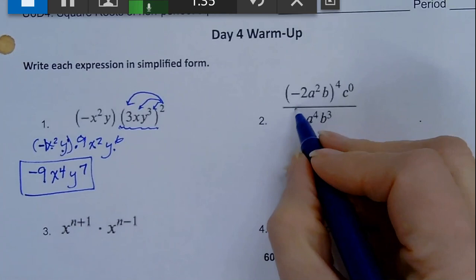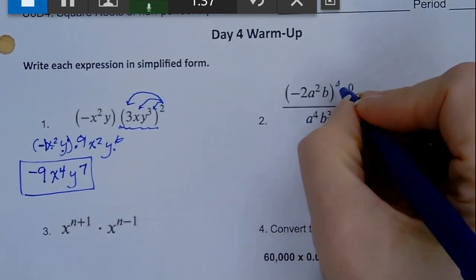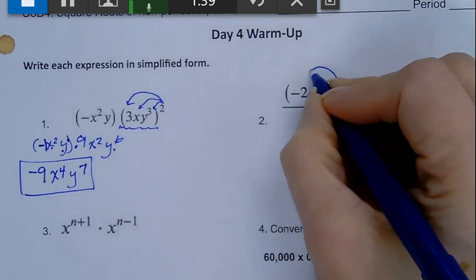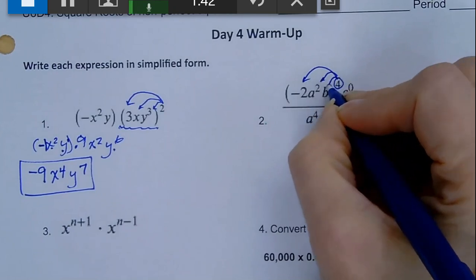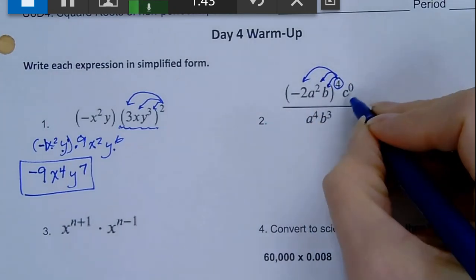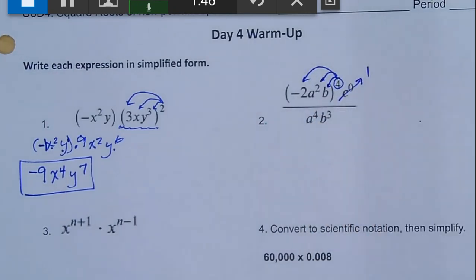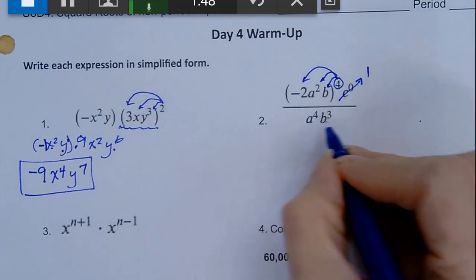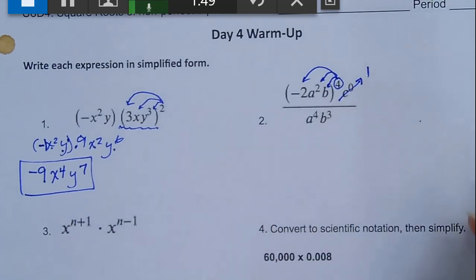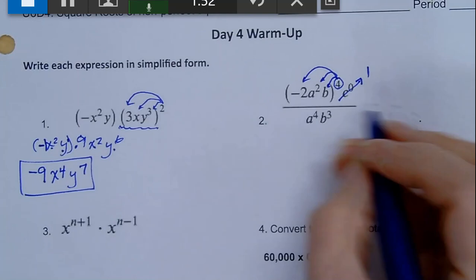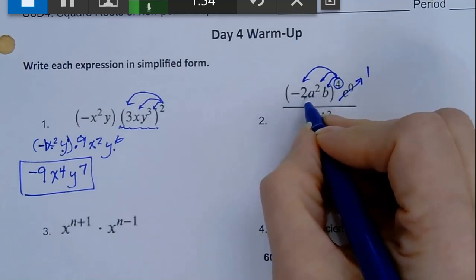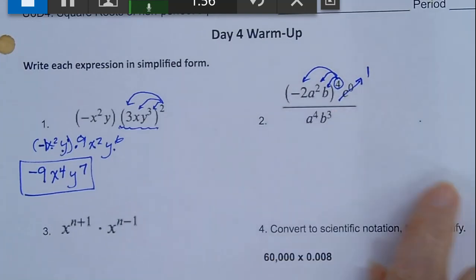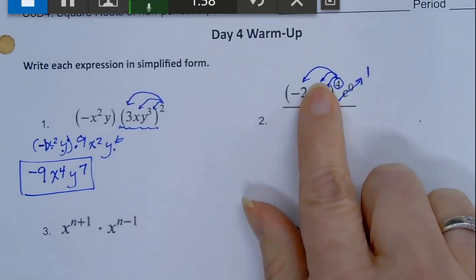All right, over here, I have to distribute this outer exponent to all of the pieces inside. C to the 0, poof, it's 1. And then I'm going to have to deal with my denominator after I've taken care of this whole numerator. All right, negative 2 is inside parentheses. It is negative 2 that I'm raising to the 4th power.